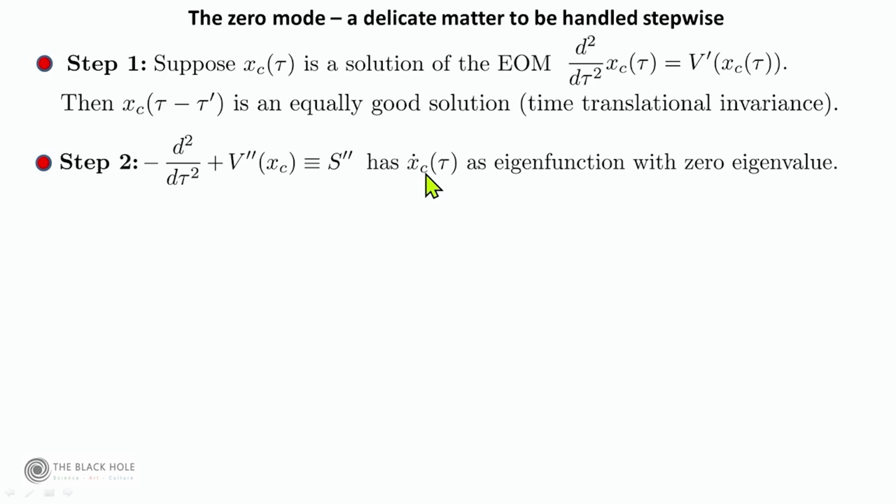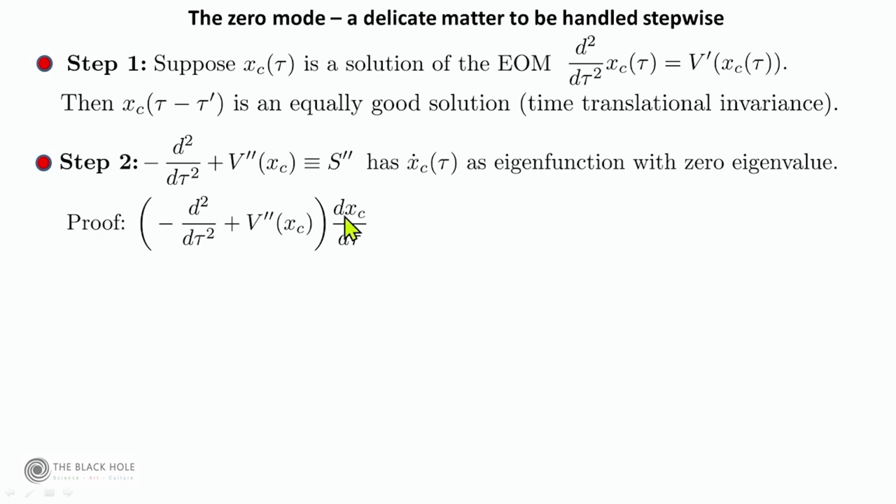So 0 times itself is 0. And now let's check to see if that's true. Right? So I'm going to operate on xc dot, which is the same as dxc by d tau.